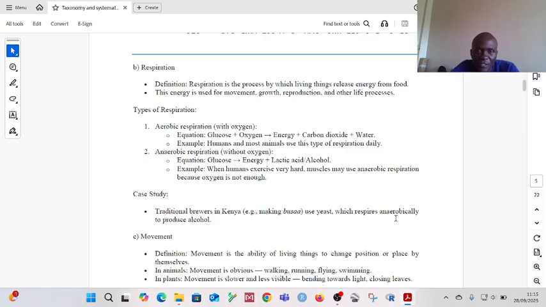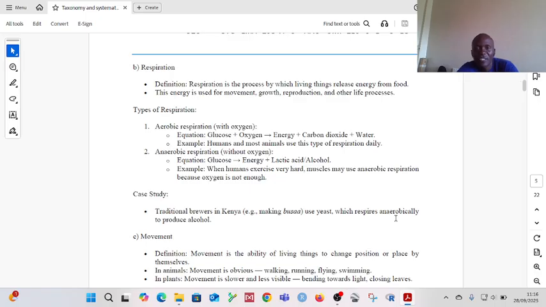Just like nutrition, respiration also happens in two main types. One is aerobic respiration. Aerobic respiration needs the presence of oxygen. Then you have the other type of respiration that we call anaerobic, which is the type of respiration that happens without oxygen.